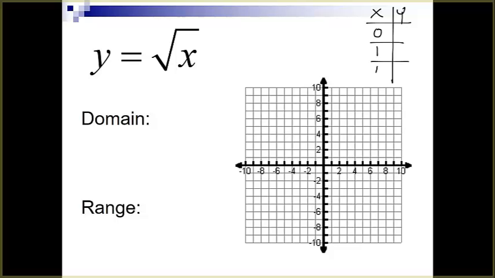You can do more if you would like. It's up to you. Basically, you're plugging 0 into the square root function and you get 0. The square root of 1 is 1. The square root of 4 is 2. Like I said, the parent function is always going to use these values. So when I plot these points, I get (0, 0), (1, 1), and (4, 2).